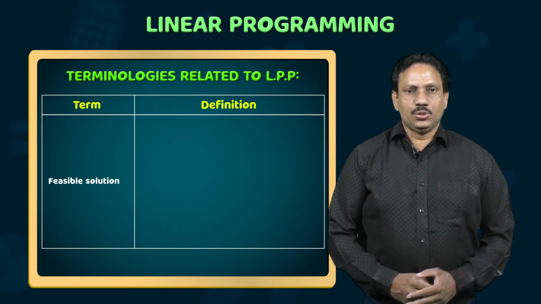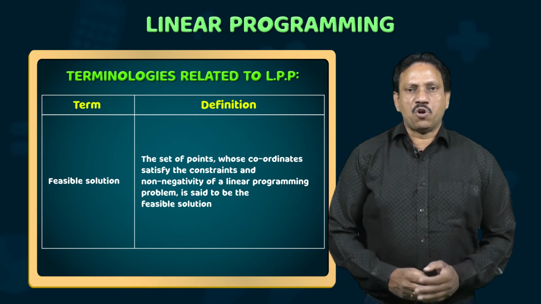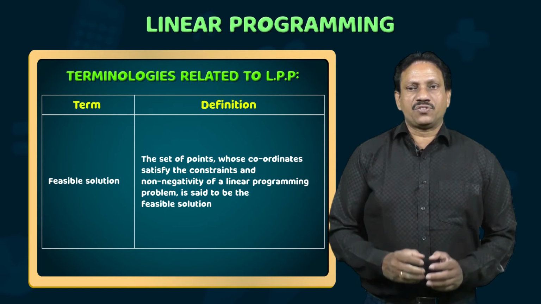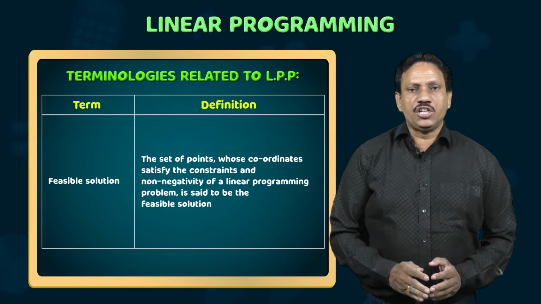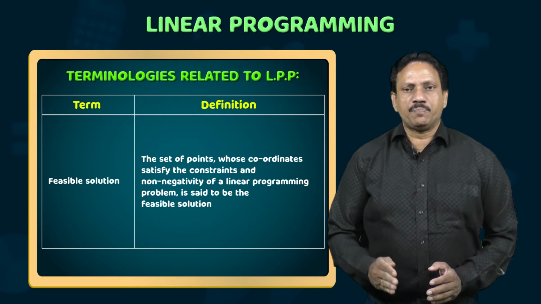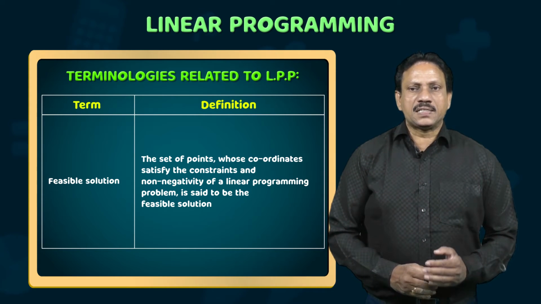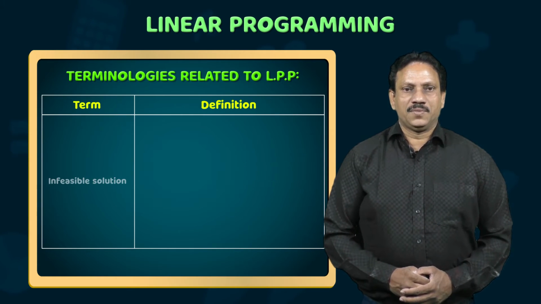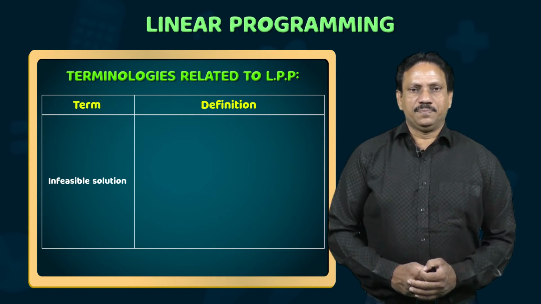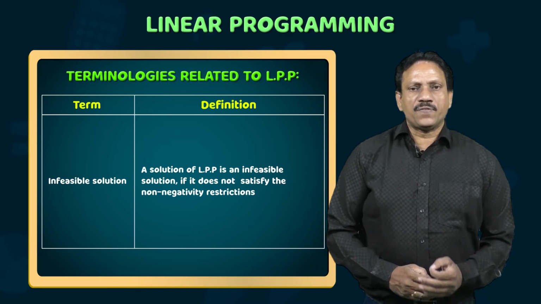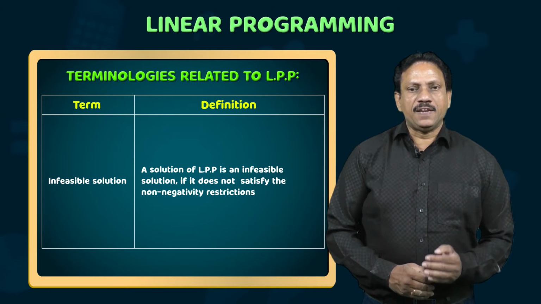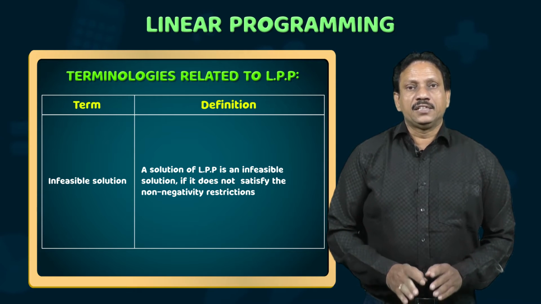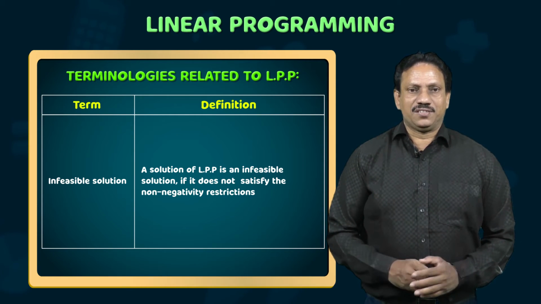Feasible solution: the set of points whose coordinates satisfy the constraints and non-negativity of a linear programming problem is said to be the feasible solution. Infeasible solution: a solution of LPP is an infeasible solution if it does not satisfy the non-negativity restrictions.